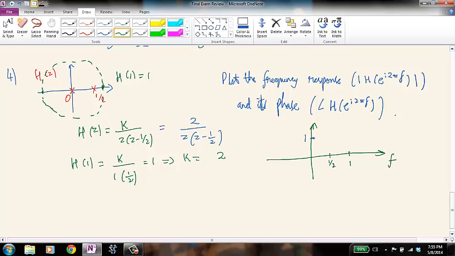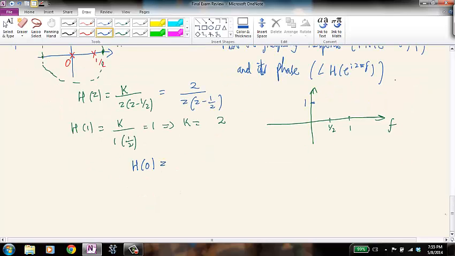So for f equals a half, you would be plugging in z equals minus 1, because e raised to I pi is minus 1. So let me just write this out. H of e raised to 0 is h of 1.